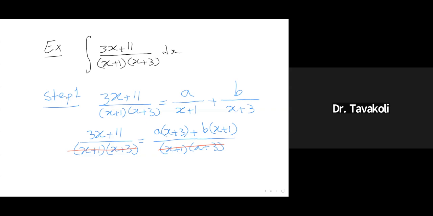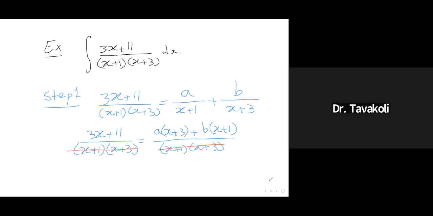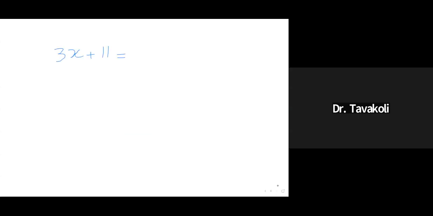So what we have is 3x plus 11, the numerator on the left side, equals the numerator on the right side. I crossed the equal denominators. So a times x plus 3 plus b times x plus 1.